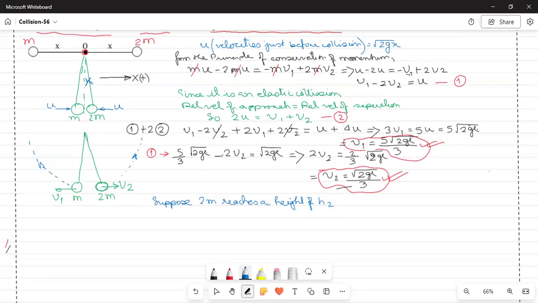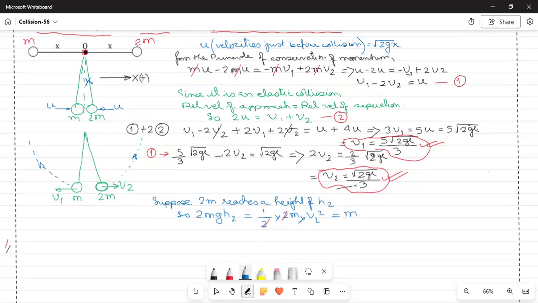Then potential energy at H2, that is 2m g H2, will be equal to its initial kinetic energy, half into mass 2m into V2 square. And this 2 and this 2 get cancelled. So this is equal to m V2 square.